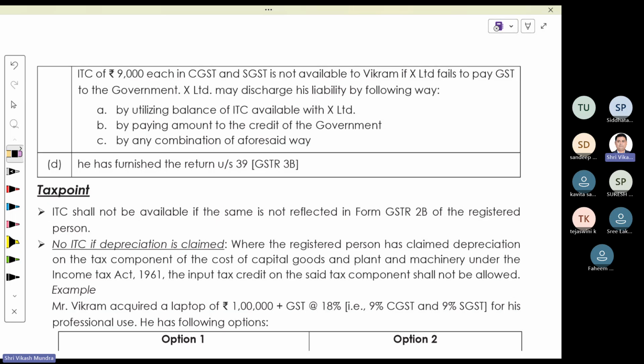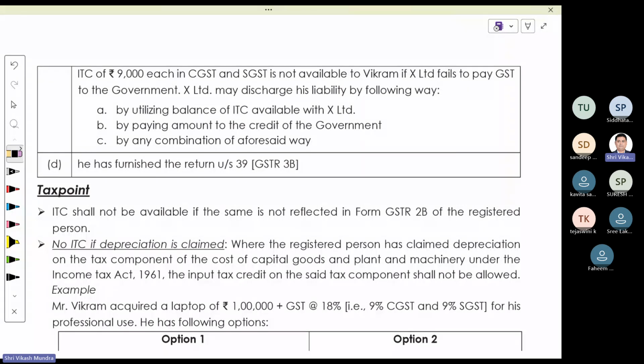Otherwise, it is very difficult to trace whether my supplier has paid the money to the government or not. It is not possible for me to track all these things. Be careful, students.